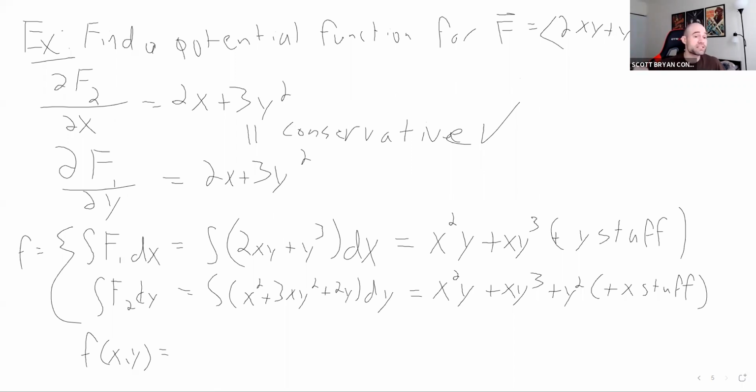Okay, so here's what it means to splice these two together. The first integral, when we integrate the first component with respect to x, all of the terms that involve x in any way are going to show up here. And so that is the x squared y and the xy cubed. So we write these down. Those are terms in our potential function.